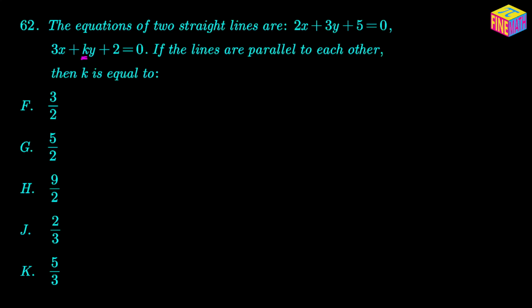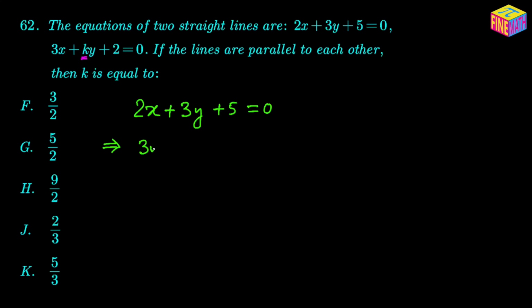Now if we convert each of the equations into the slope-intercept form, then how are they going to look? Well, let's try to convert one by one. So let's begin with the first equation, that is 2x + 3y + 5 = 0, and we are now going to convert it into y = mx + c form. So then can we keep the 3y on the left hand side?